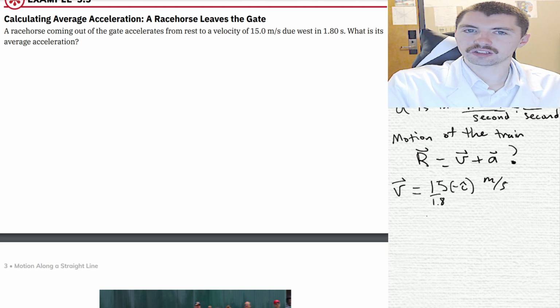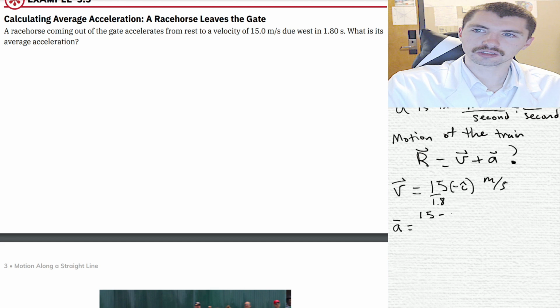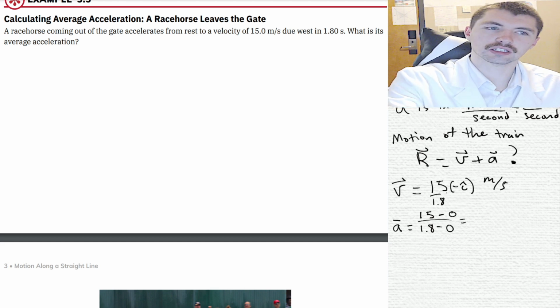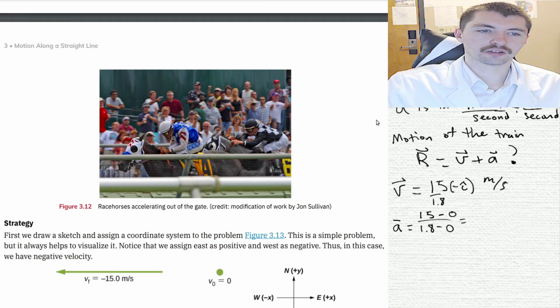So we're finding average acceleration. It's going from the final is 15, the initial is 0, over 8 seconds minus 0, so it's going to be whatever that calculates to.